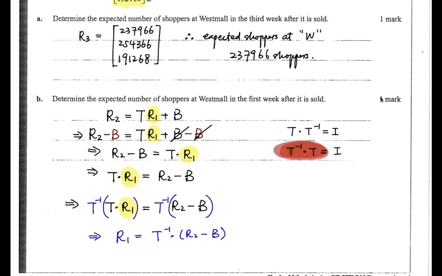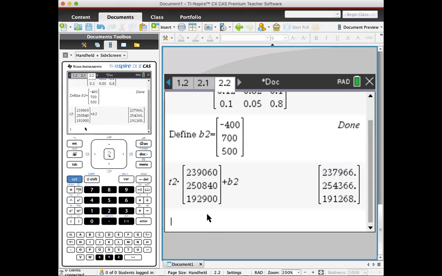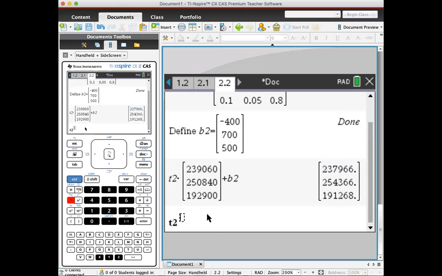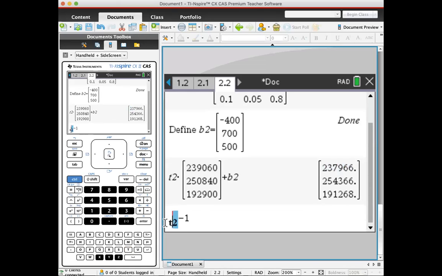And we can calculate whatever we need on our calculator. Now we should have T2 to the power of minus 1, because the letter T2 we defined is the T in the question, multiplied with R2. Where is R2? This matrix here.